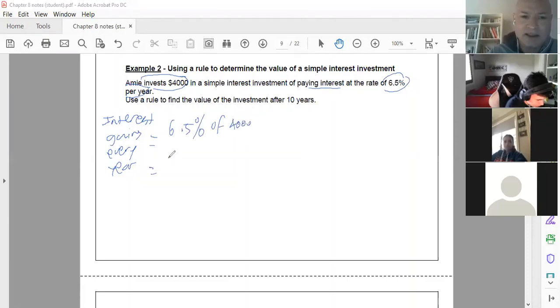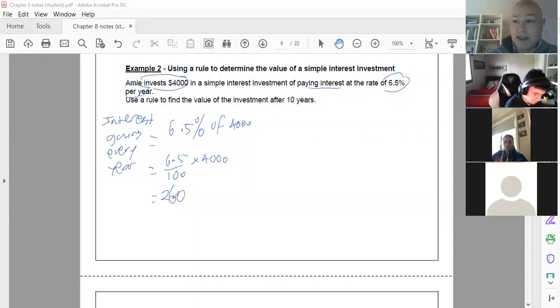So let's work that out. 6.5 divided by 100 times 4,000. I'm going to move to my calculator so I can do it. 6.5 divided by 100 times 4,000, I get $260.